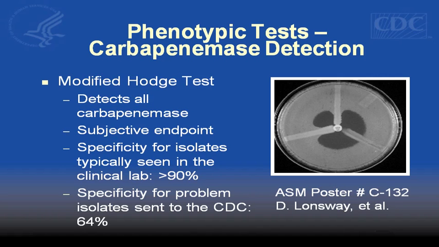So these are isolates that test non-susceptible to carbapenems, but we don't know the mechanism. If you do the modified Hodge test on those, and then you do specific tests for carbapenemases, those are the isolates. And specifically, these are mostly Enterobacter species.